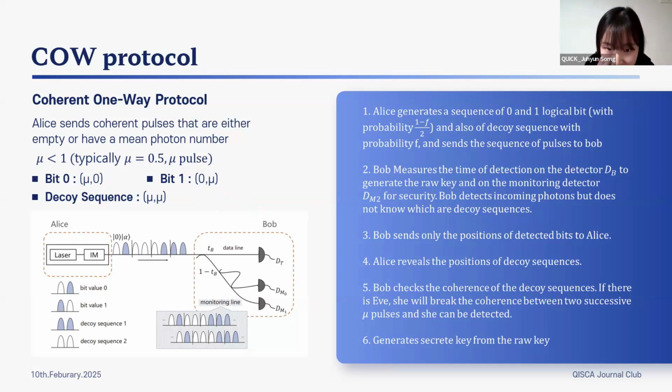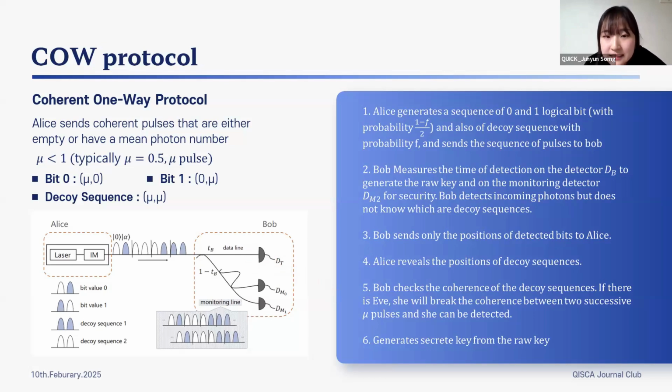In addition to these data pulses, Alice randomly inserts a decoy sequence as well. It is represented as mu mu, or it could be 0 0 as well. Bob receives these pulses and measures the time of arrival at the data detector DT over here. So the time slot is really important in this protocol.